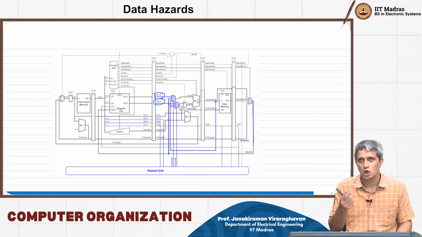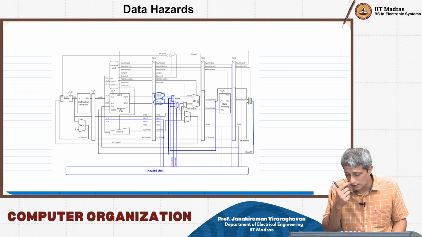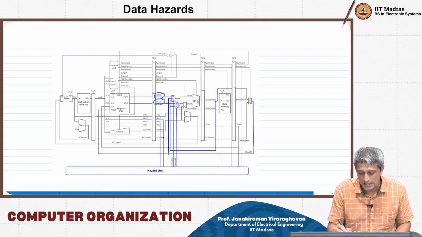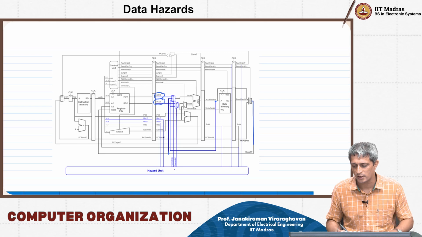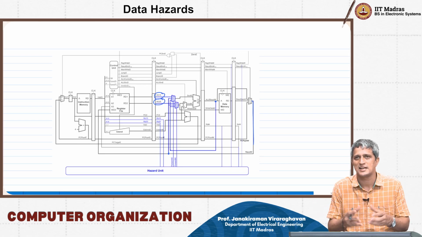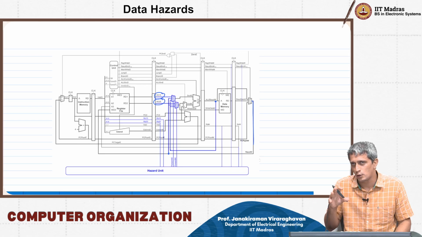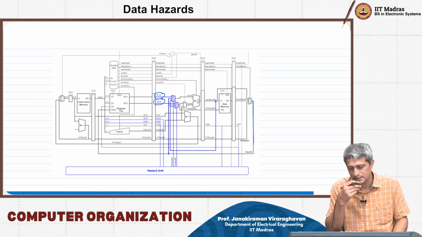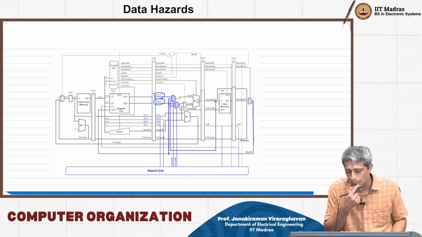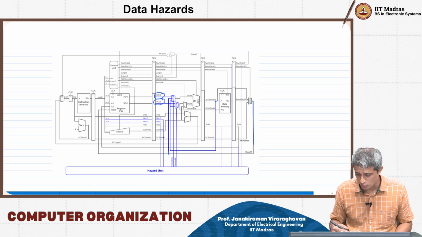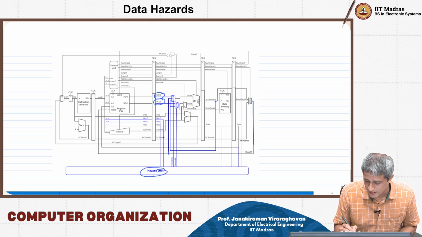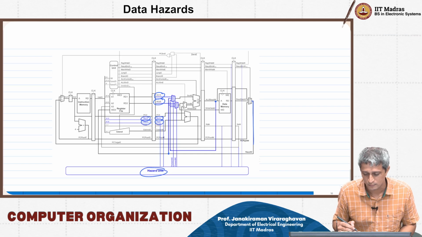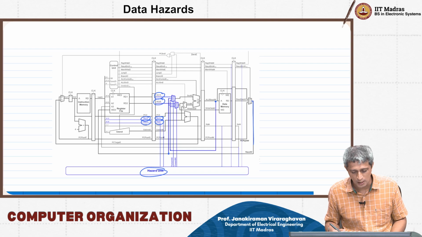The select to the multiplexer is what we are going to call forward AE, forward BE. Okay, so there is some block which is called the hazard unit. That's a control block that we are adding to choose this. What you see is, the hazard unit is now taking RS1D, RS2D, RS1E, RS2E, and it is going to do some check.